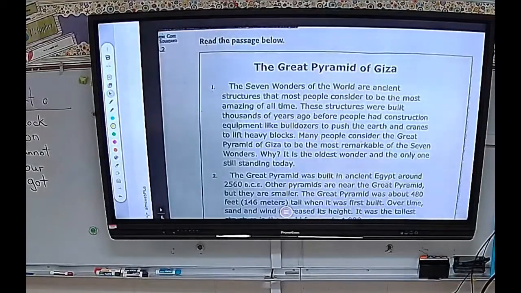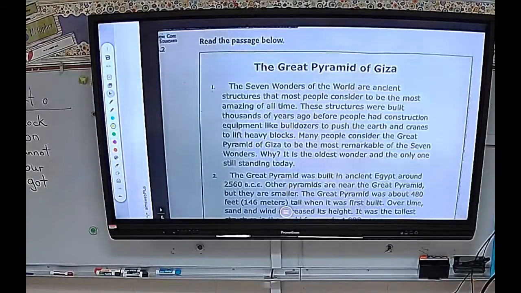When it was first built, over time, sand and wind decreased its height. It was the tallest structure in the world for nearly 4,000 years.